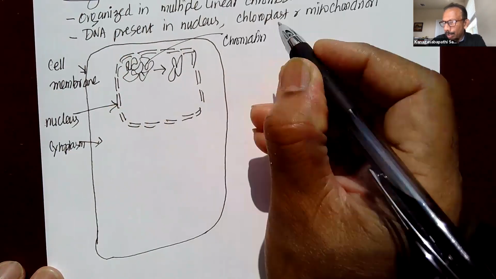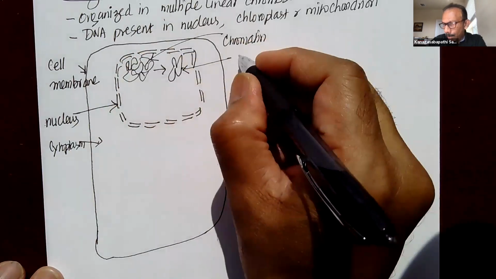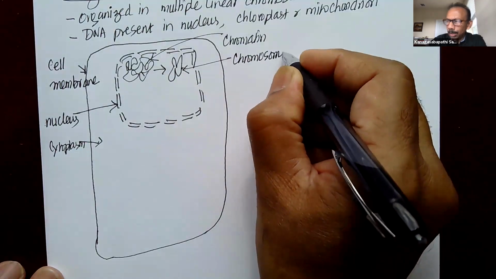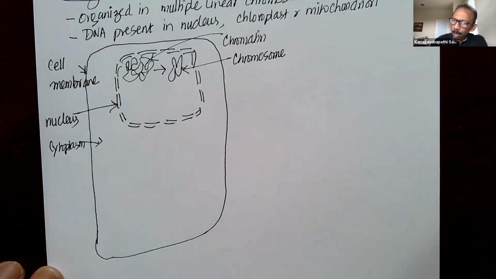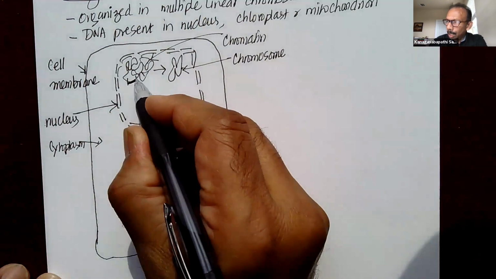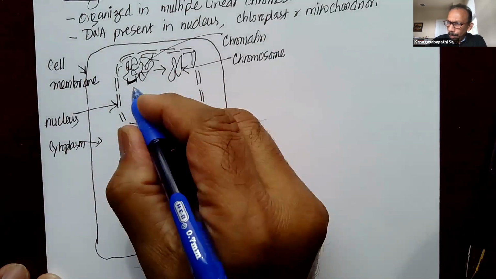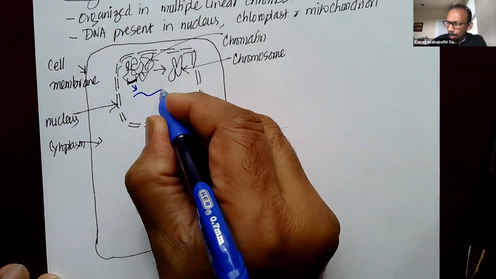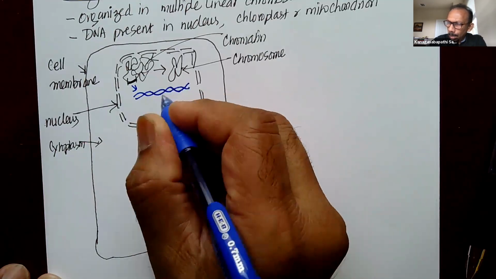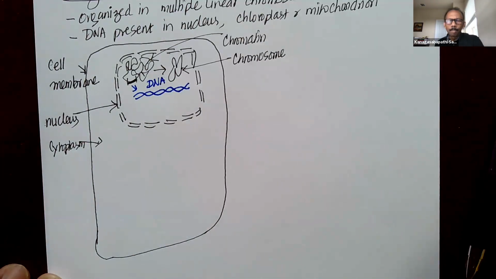That's a loosely dispersed DNA, and this is the chromosome. You find this chromosome only during cell division. That's called a metaphase chromosome. And so this is what is used as the gene, double helix DNA. Okay. So that's where everything starts, the gene expression.